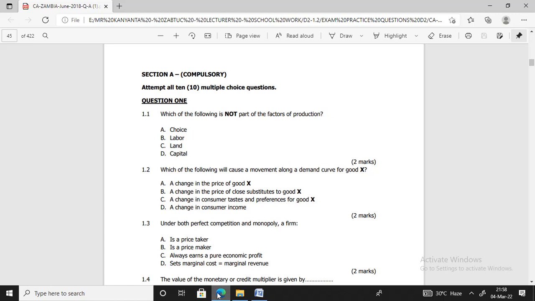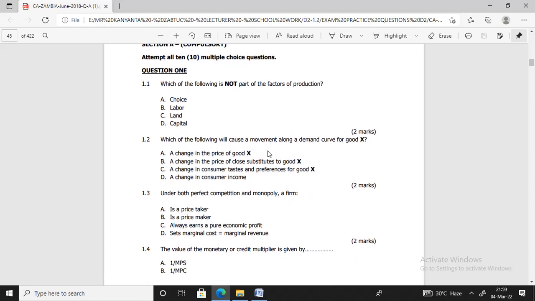All the other factors that influence demand will cause shifts of the demand curve. Meaning that the demand curve will change its position when other factors that influence demand change. But only the change in the price of a good will cause a movement. So the correct option for 1.2 is option A.